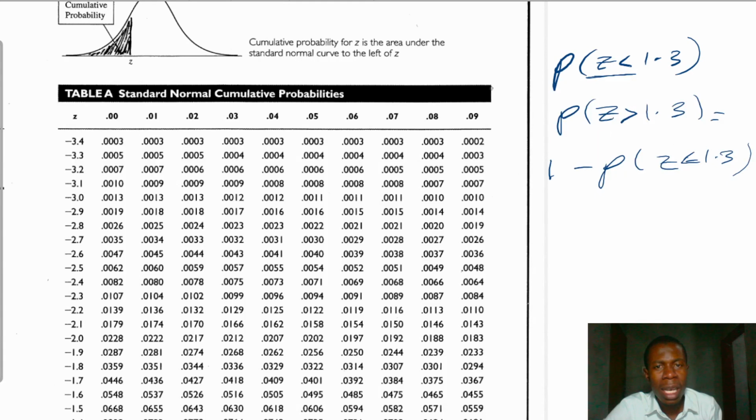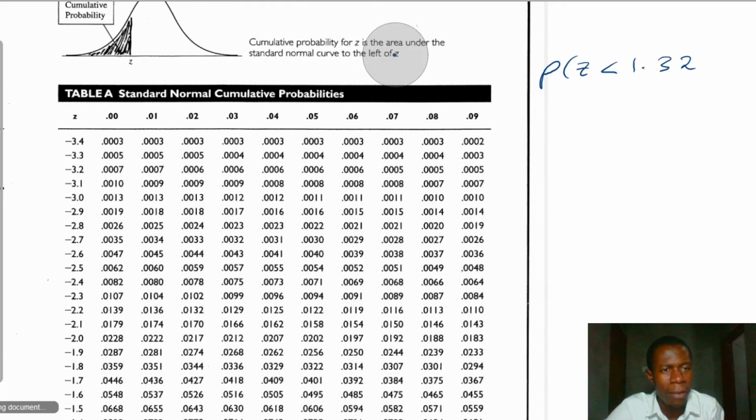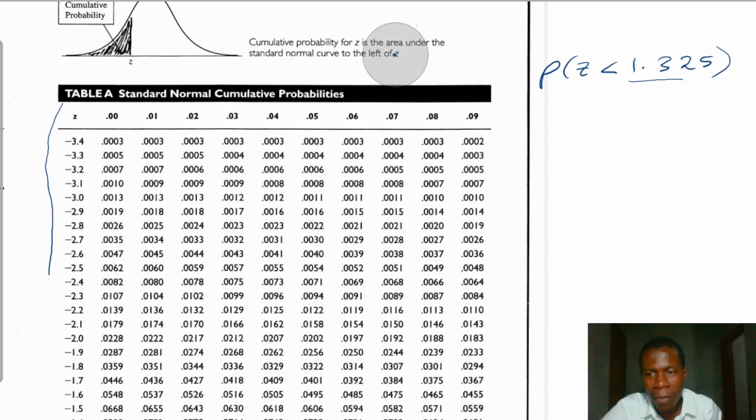Now, suppose you're asked to find the probability of, let me see, say the probability of Z less than 1.325. I'll give this example here. As you can remember, first of all, we need to look for 1.3 on our Z column here. And as you can see, we're on the negative, so let me just switch to the positive graph.